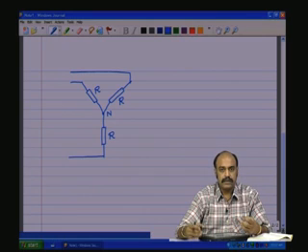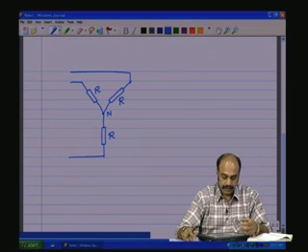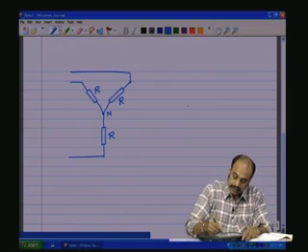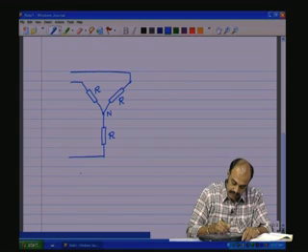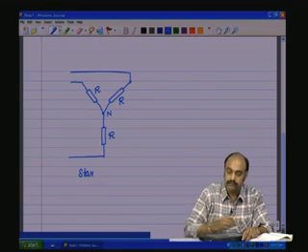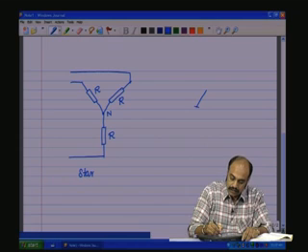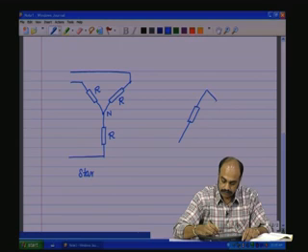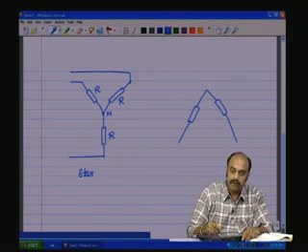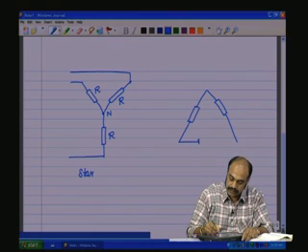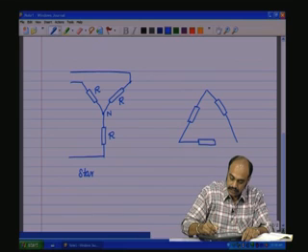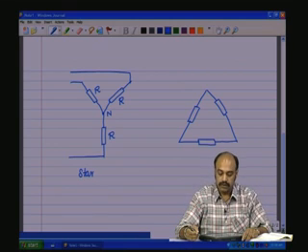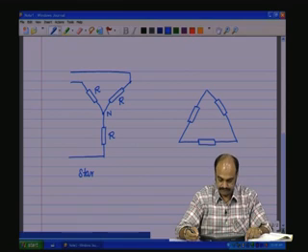Now, let us try to get the relationship between the various voltages and the currents in the star circuits and the delta circuits. This is the star or the Y, which we have been discussing since the last class. We also have the delta circuits composed of three loads or the resistors, but unlike in the star circuit where one end of the loads are joined together at a point called the neutral, here the loads are connected in a ring form.